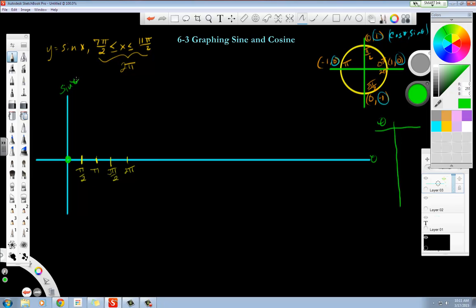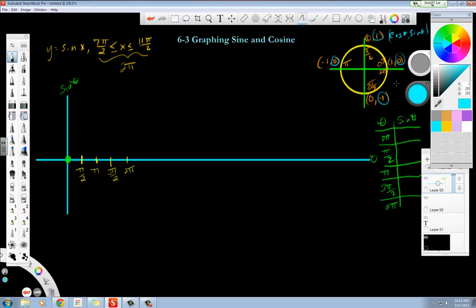And then we put our radians on here. 0, pi over 2, pi. You can't see this enough. I mean, it's really important. 3 pi over 2, 2 pi. And then, of course, our coordinates that go along with that.